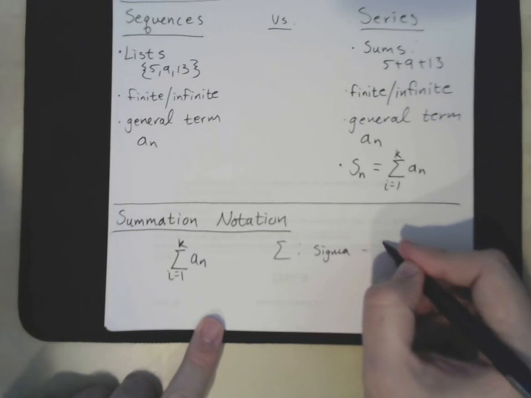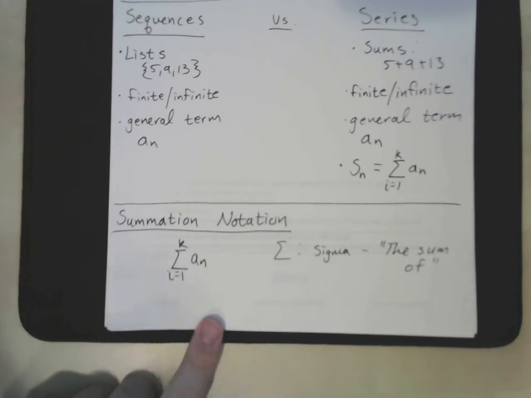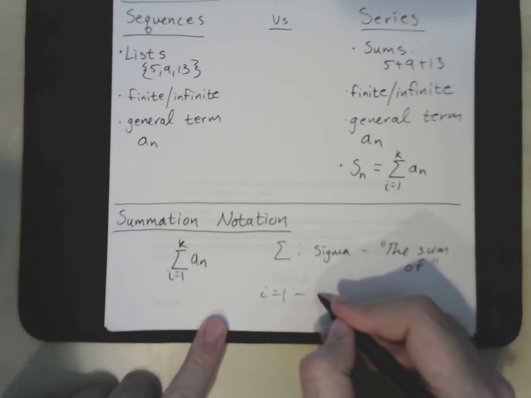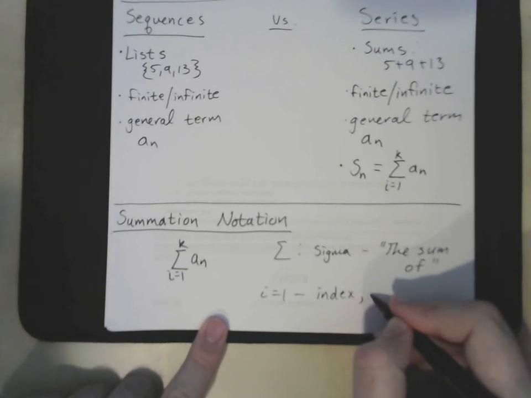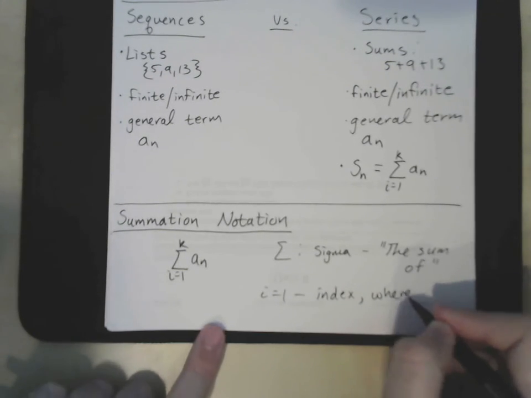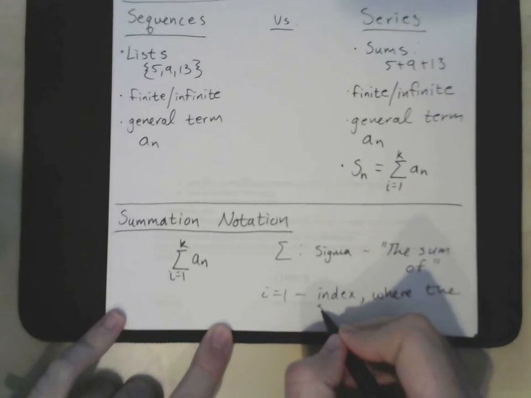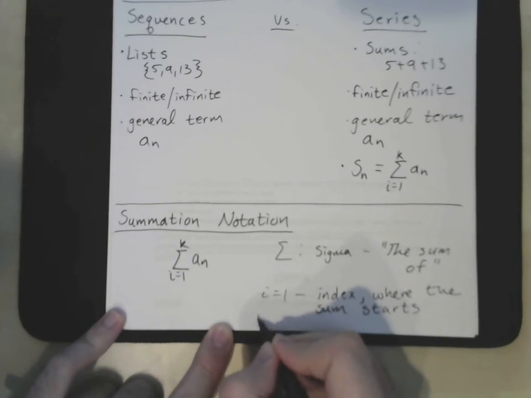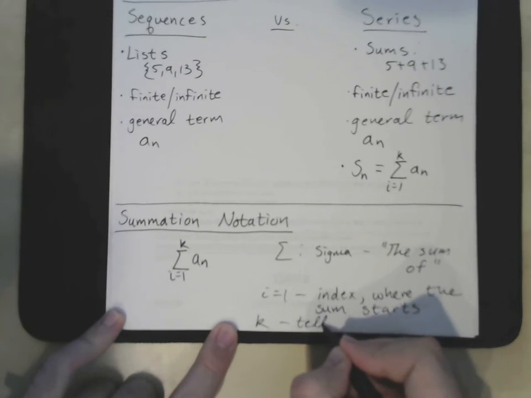This is the sum of whatever comes after it. The i equals 1 is the index, and this tells us where we start. And the k is the top of the index. This tells us where the sum ends.